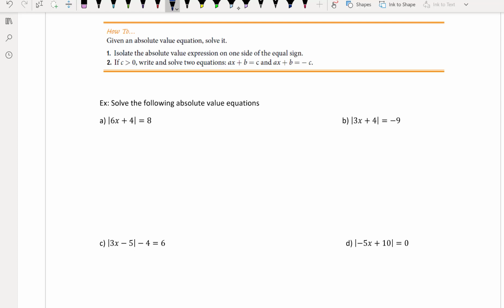So I'm going to break it down into its two different options. The first option is that 6x plus 4 is equal to 8. My second option is that 6x plus 4 is equal to the negative of that value, negative 8. Now that I have my two different equations, I'm going to set them up.